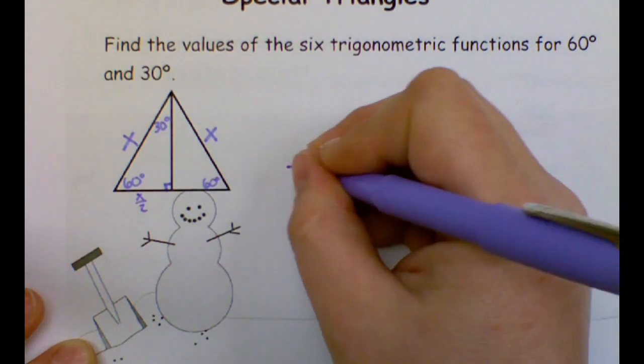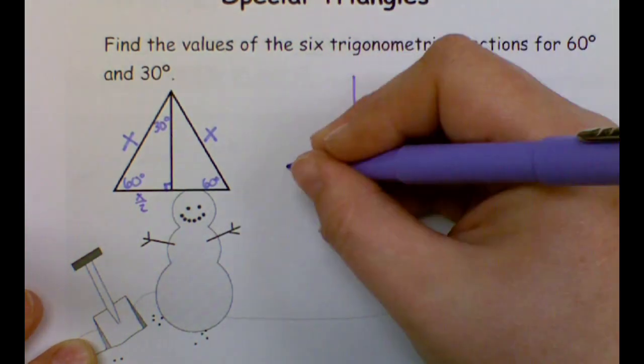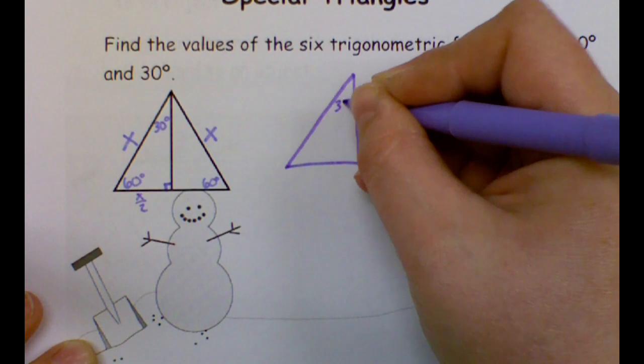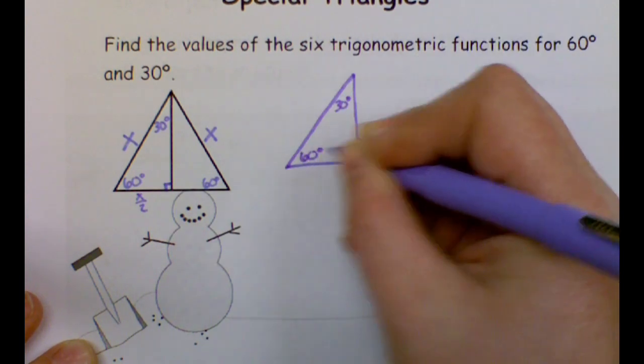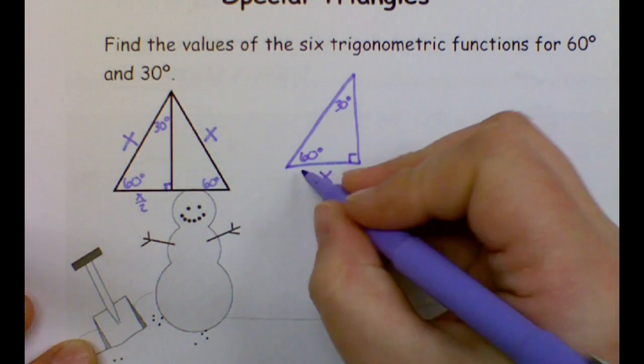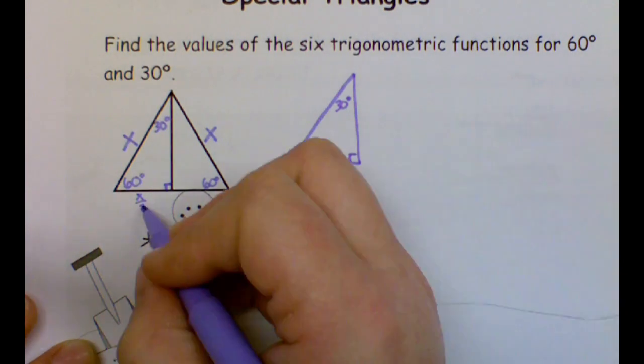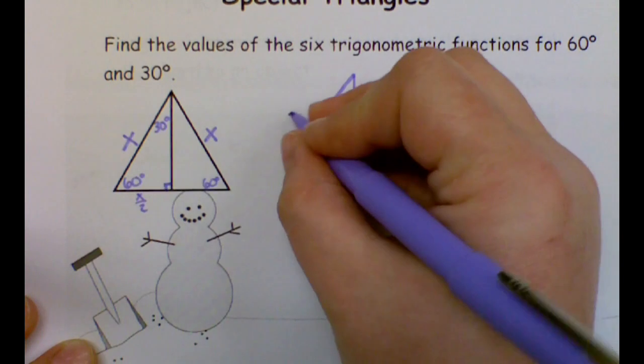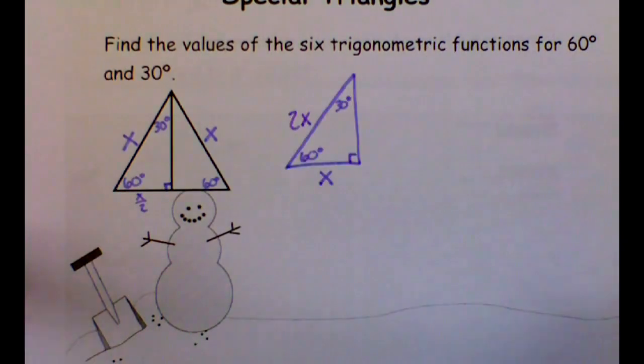And now I'm going to redraw this because I don't like x divided by 2. I want to call this just x. So if that's just x, then I multiply by 2, so this side is 2x. That just makes our lives a little bit easier for the next steps.